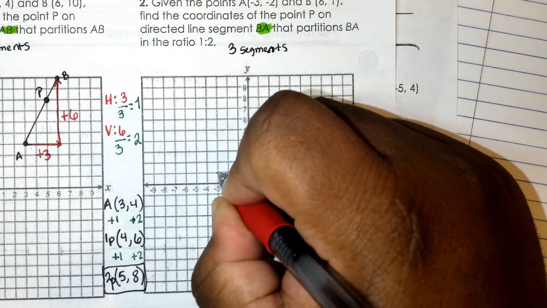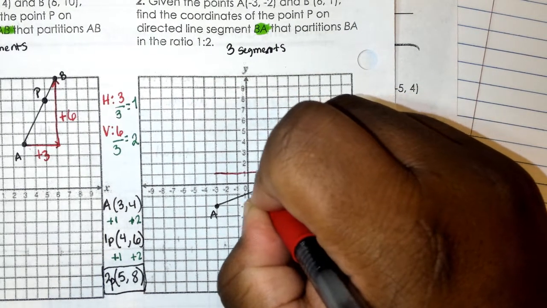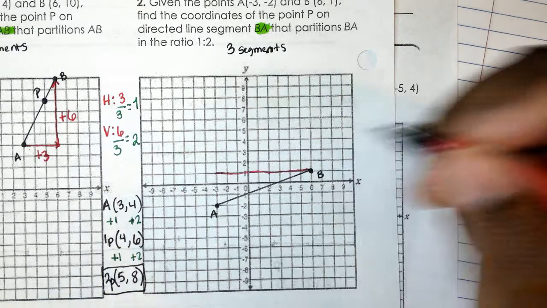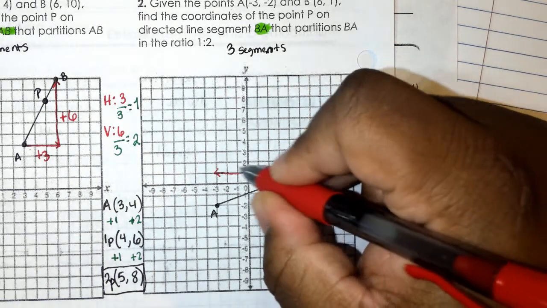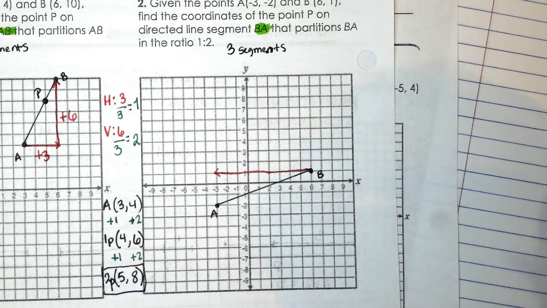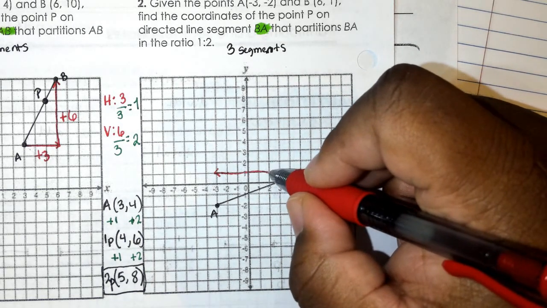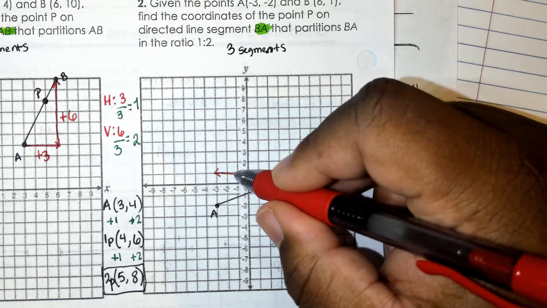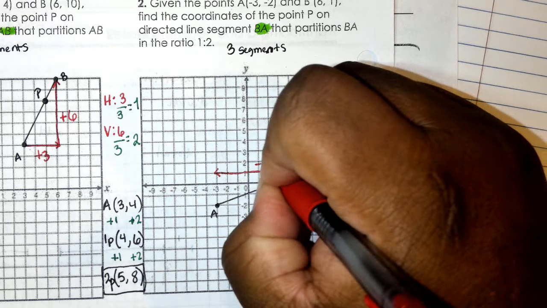Since I'm going left horizontally, this is a negative change. I'm not going in a positive direction, I'm going in a negative direction. I'm going negative 1, 2, 3, 4, 5, 6, 7, 8, 9. I went to the left negative 9 spaces.